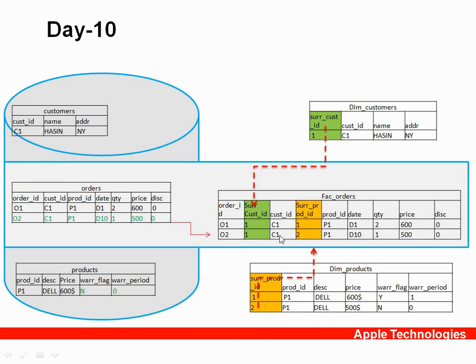But if you use this key for joining, this record will join with this one. So it says that when you purchased this product, there is a warranty period of 1 year. When I join the other record, it will tell you that when this was purchased, there is no warranty period. So I come to know there is one product for which I need to give a warranty, and for one product I don't need to.